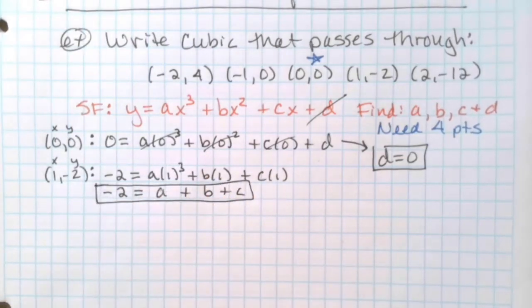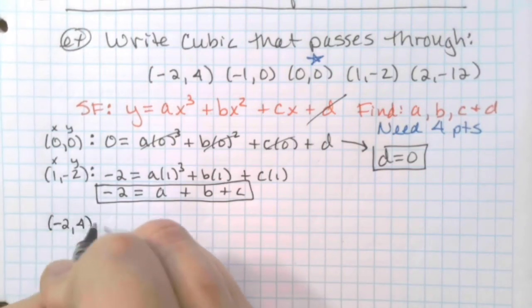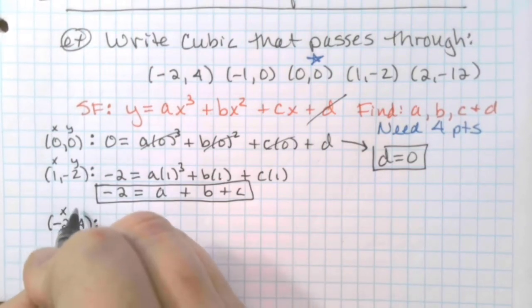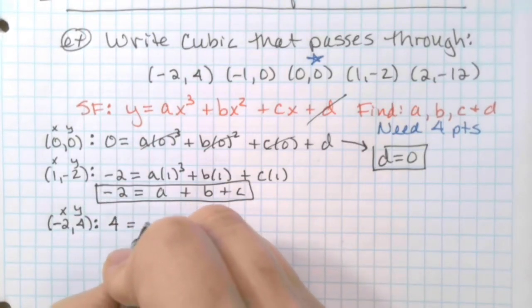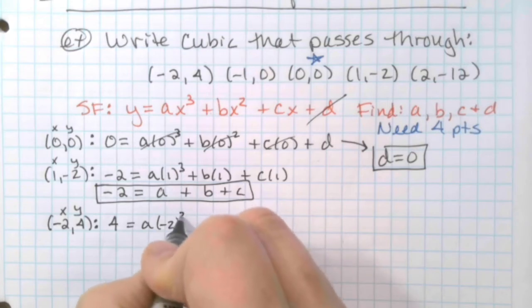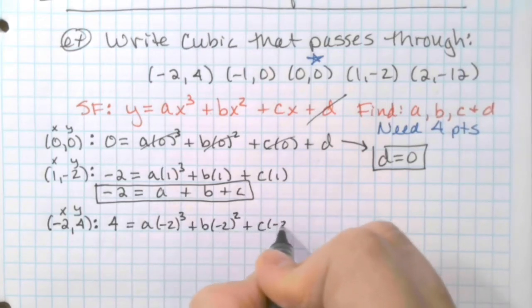There's one of our equations. Okay, now we're going to do point (-2, 4). x is -2, y is 4. So 4 equals a times -2 cubed plus b times -2 squared plus c times -2.